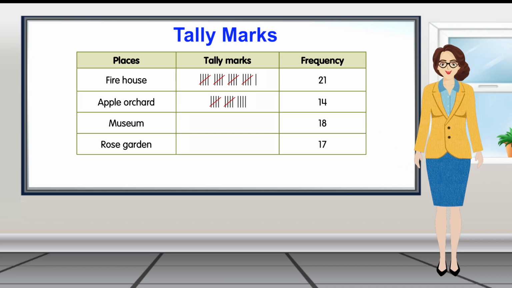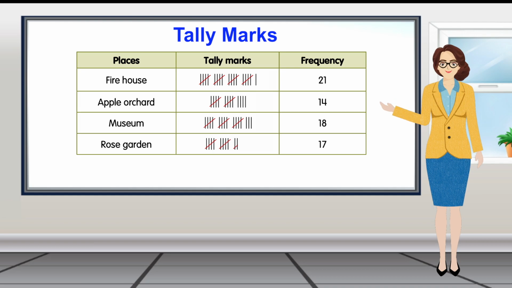18 friends want to visit the museum. 15 plus 3 is 18. We will make 3 bundles of tally marks for the data 15, as 15 divided by 5 is 3, and draw 3 vertical lines to represent the additional 3. 17 friends want to visit the rose garden. 15 plus 2 is 17.